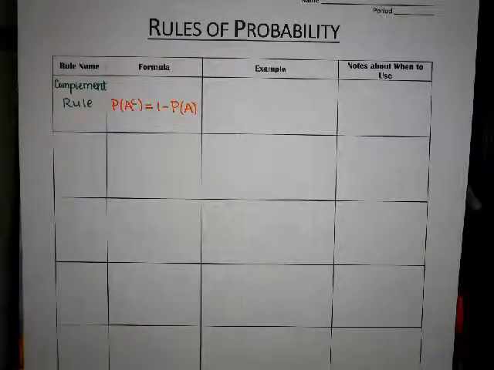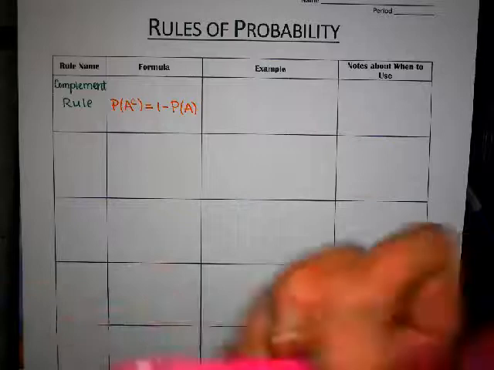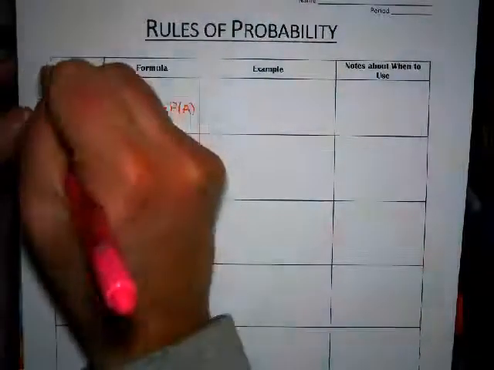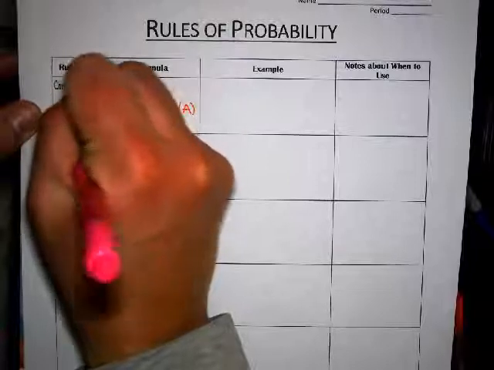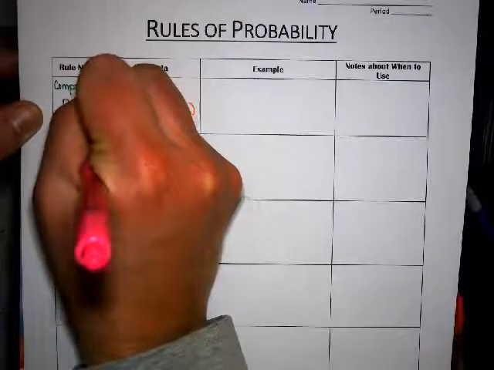And then the next rule we learned was the addition rule for mutually exclusive events.